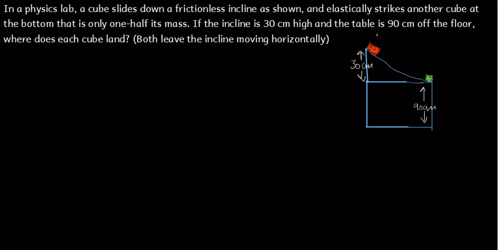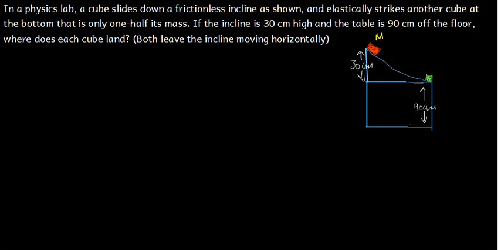So this one has got a mass m and this one has got half the mass, half m. This one is sliding here and it comes to hit the other one. Upon hitting this small mass at the bottom, they are going to move horizontally first and then drop.